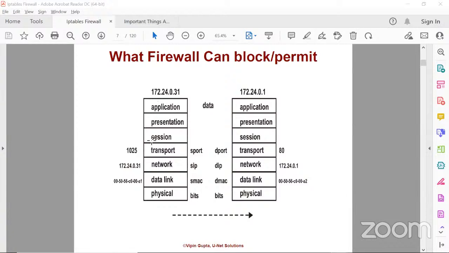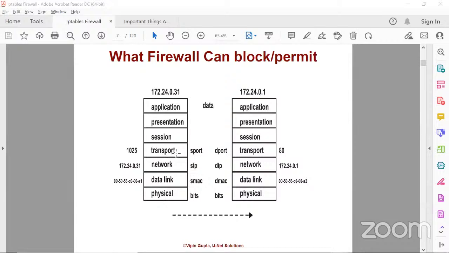Same way, in the OSI model, the first 3 layers are your data. Now, when I wrap that Parker pen, I put the name of that person, his address, and phone number also. And because the Parker pen is costly, I will put my own name, address, and phone number also.